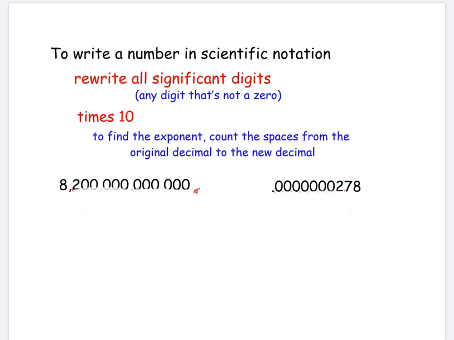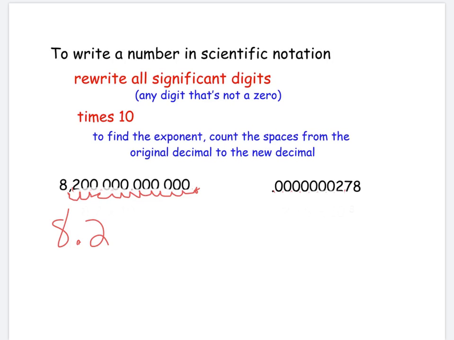So I need to move my decimal in to the number until I get a number that's between 1 and 10. So now if I stop here, I'm at 8,200. That's still not. If I move it one more, I'm at 820. That's still not. Move it one more, I'm at 82. That's still not. So I need to move it one more time, and I'm at 8.2 or 8 2/10, which is a number that's between 1 and 10.